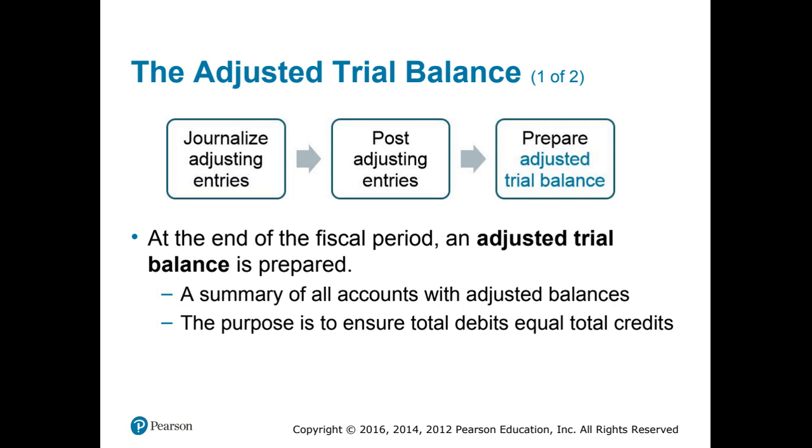So we have the adjusted trial balance. First, we are journalizing the adjusting entries. Then, sorry, it's asking me to sign back in. Just one second. Okay. It kicked me out of Moodle for some reason over here on this one.